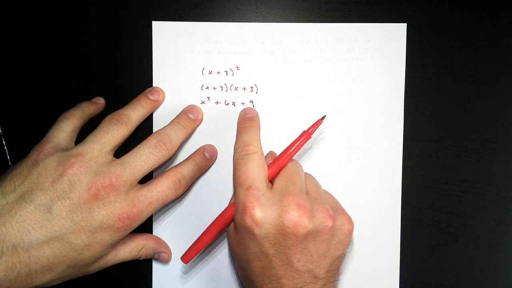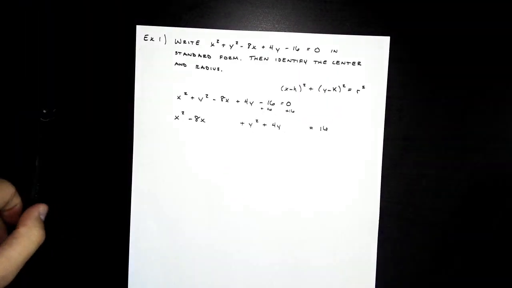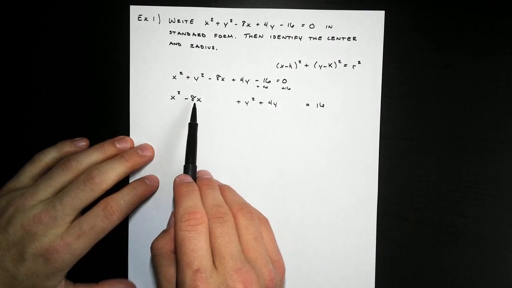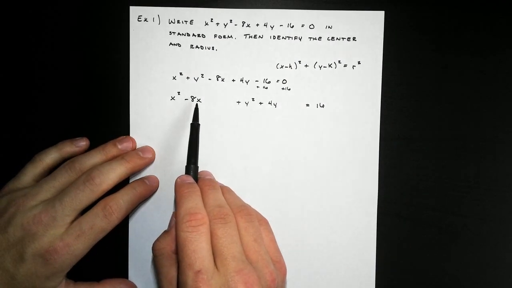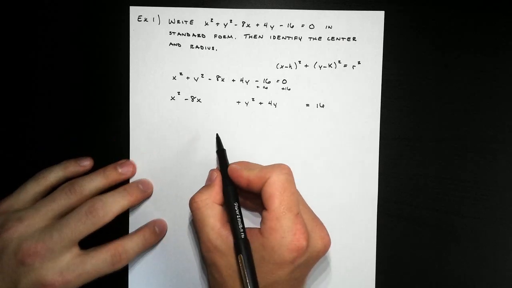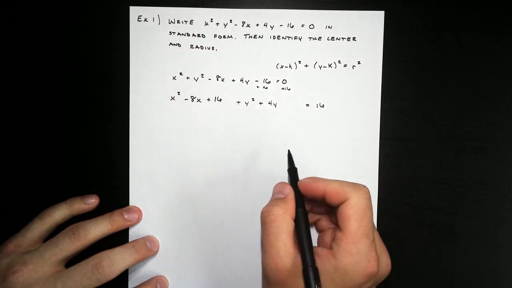And then 3 squared gives me 9. All of these have that same pattern. So if we follow that, negative 8, if I cut that in half, I get negative 4. And then if I square negative 4, that means I need to add on 16.